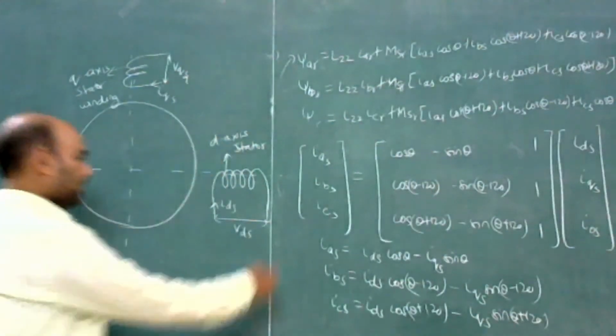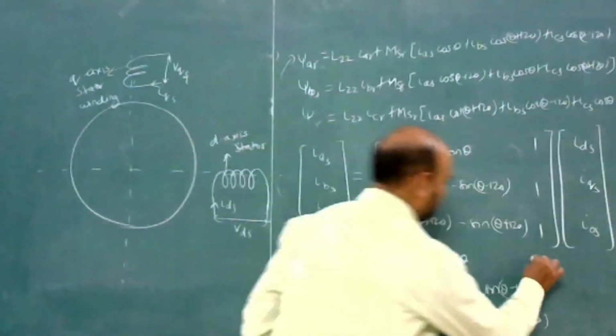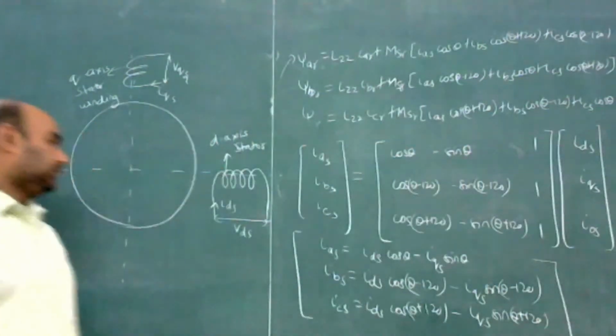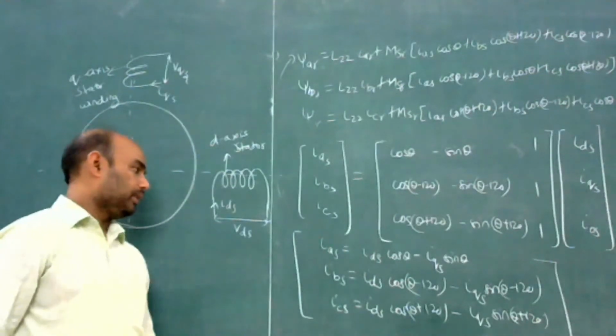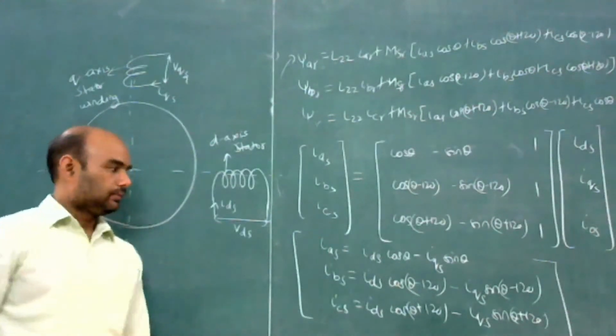So you can transform these three-phase currents into two-phase currents like this.